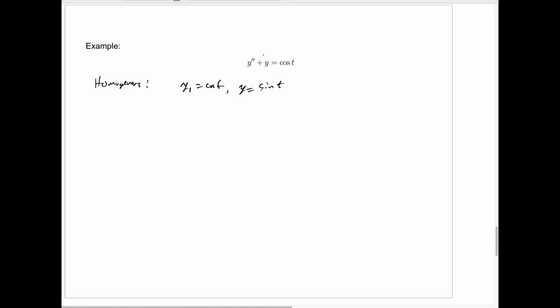Those are exactly the solutions to the homogeneous equation. So that won't work for our method of undetermined coefficients for our guess for a particular solution to the non-homogeneous equation.